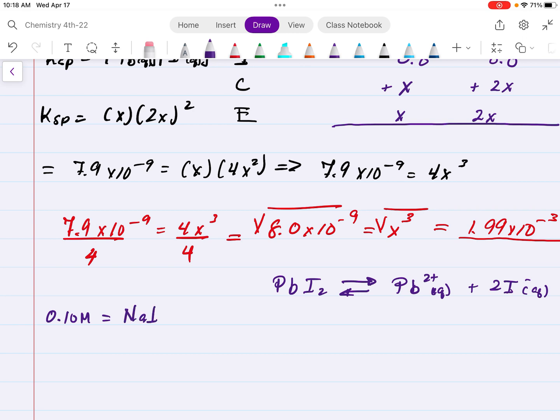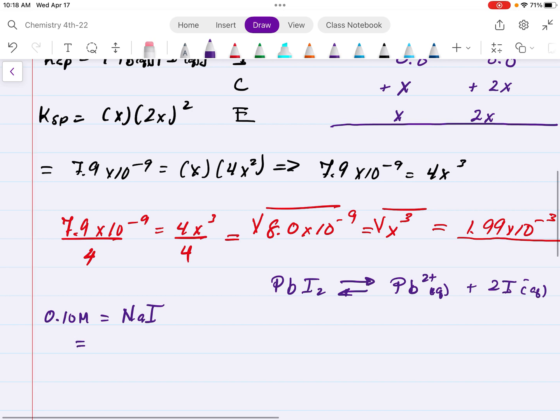So I know that lead iodide, 0.10 molar of sodium iodide has a 1-to-1 ratio. So what this tells me is that I'm going to add 0.10 molar of sodium, and I'm going to add the same amount of iodine. So this is going to be what's added to the solution.